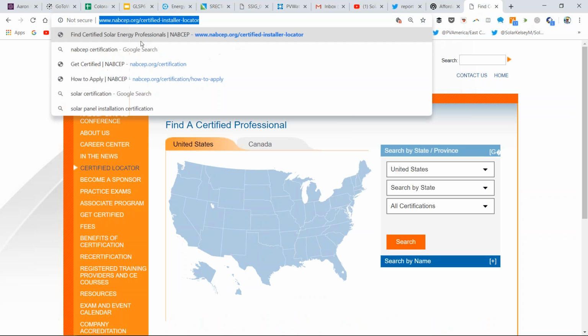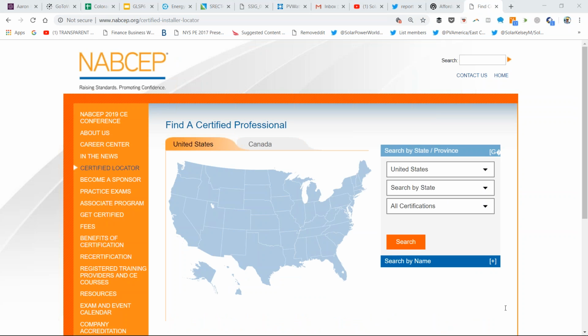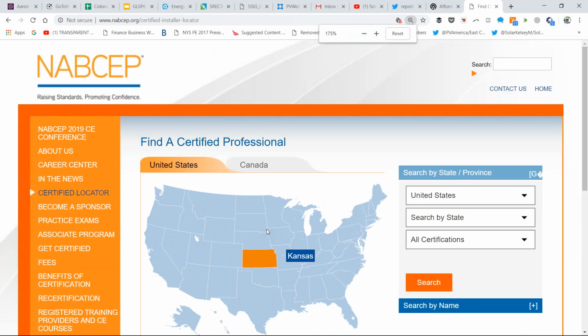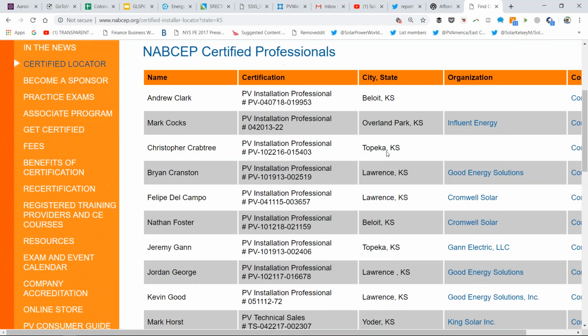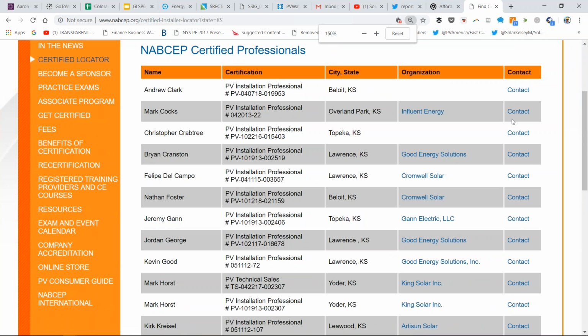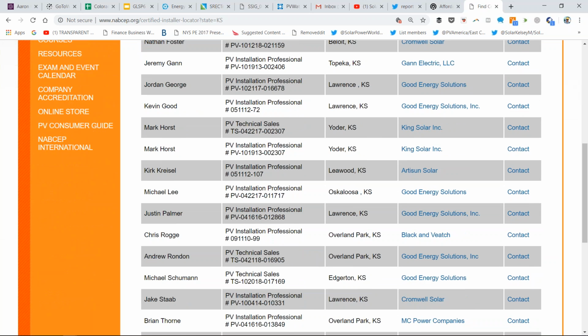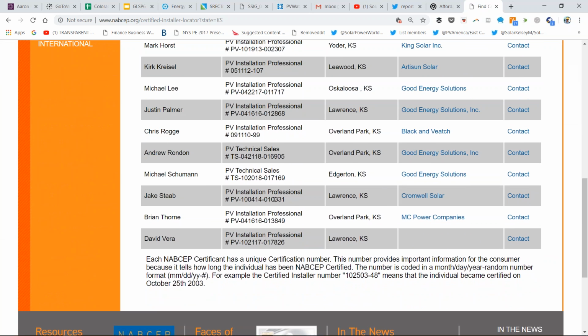So here's the NABCEP locator. I'm going to just click on a state, Kansas. And here's contact information for a variety of NABCEP installers in the state of Kansas.